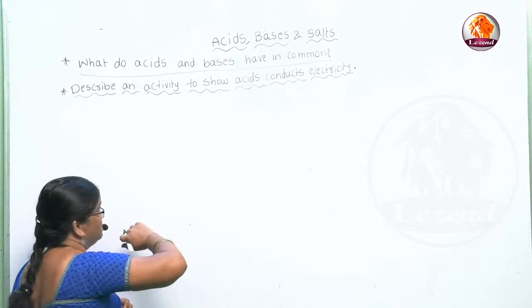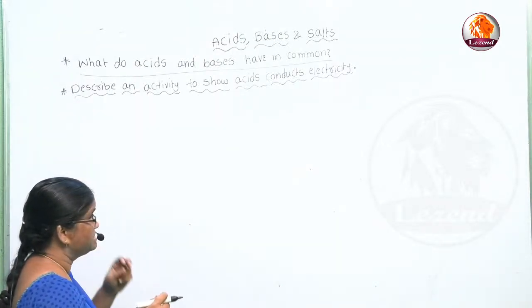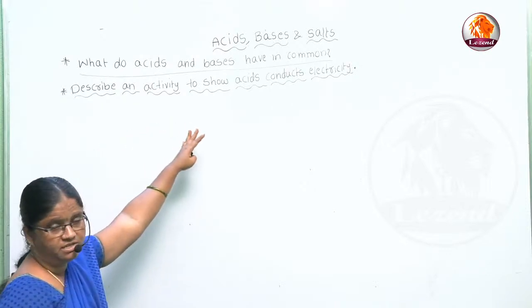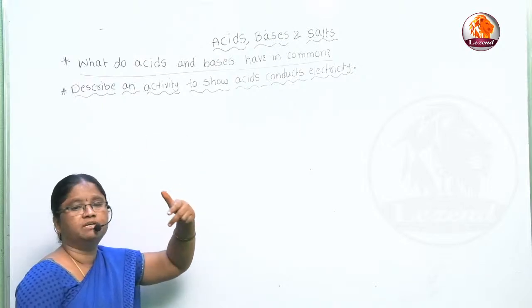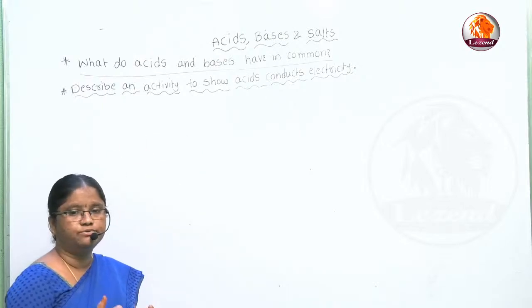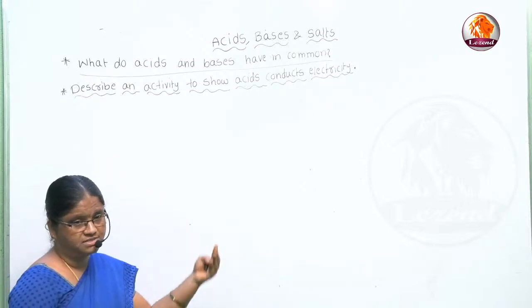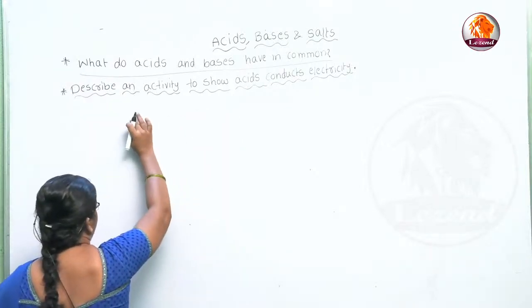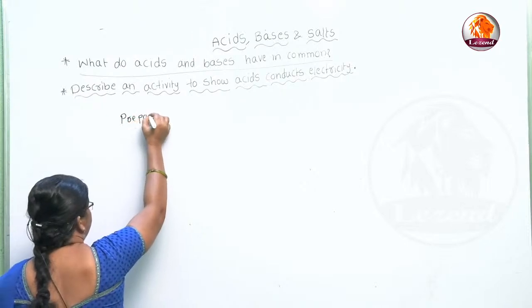The question may also be asked like this: describe an activity to show acids conduct electricity. Or what common element is present in acids, or describe an activity to show whether all compounds containing hydrogen are acids or not. To verify this, we have to perform one activity. For that, we have to prepare solutions.